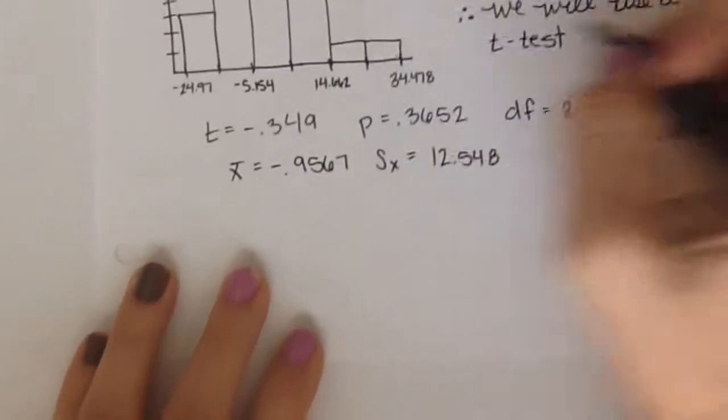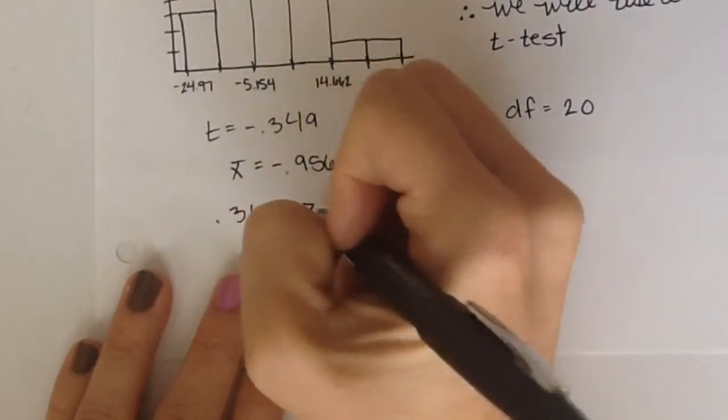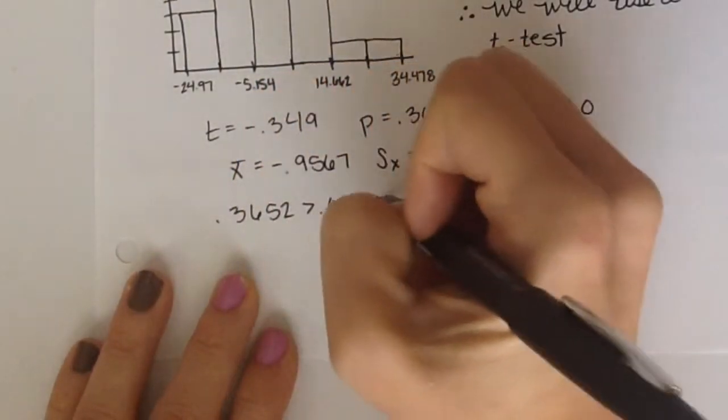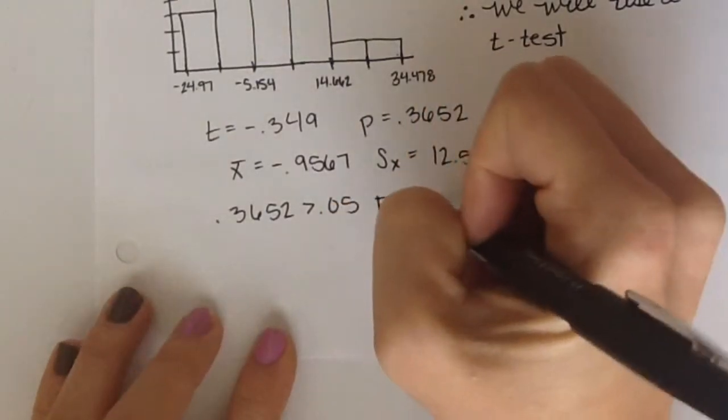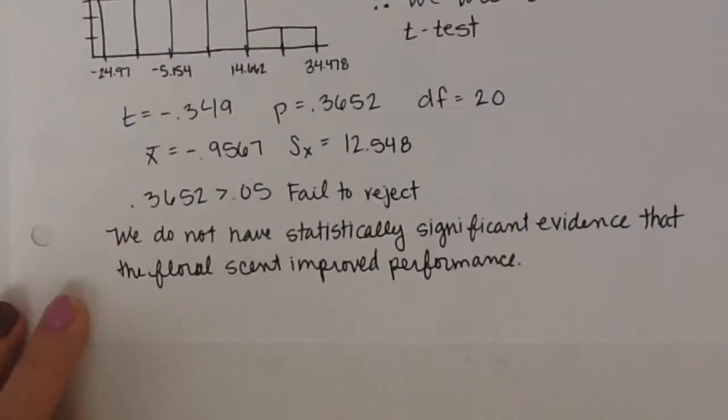And to make that conclusion, I know that 0.3652 is greater than 0.05, so again I'm going to fail to reject. So our conclusion is we do not have statistically significant evidence that the fluorescent improved performance.